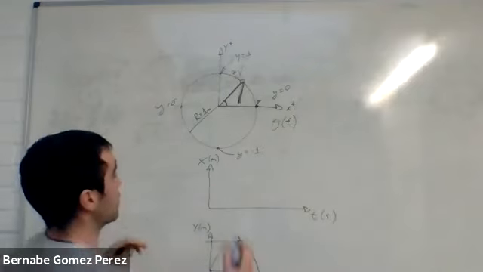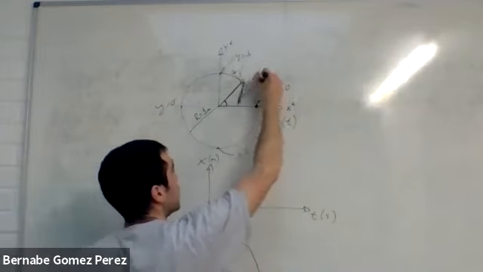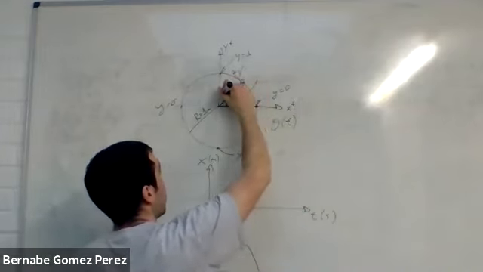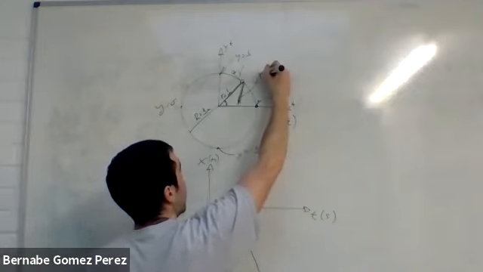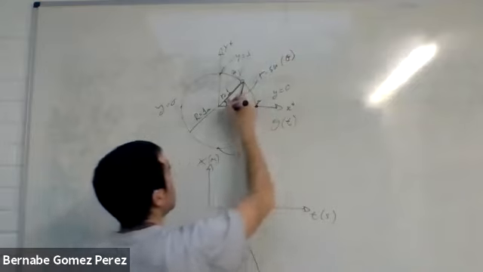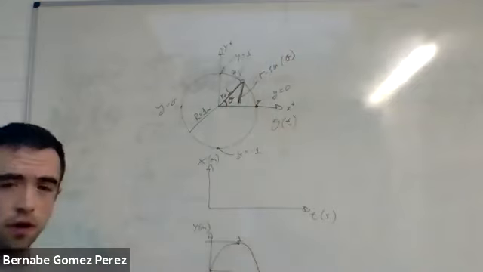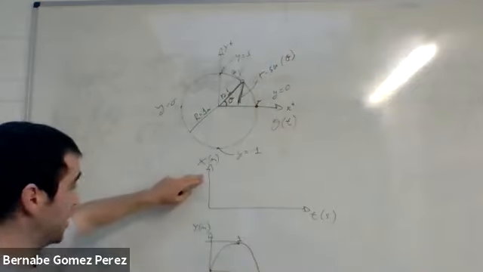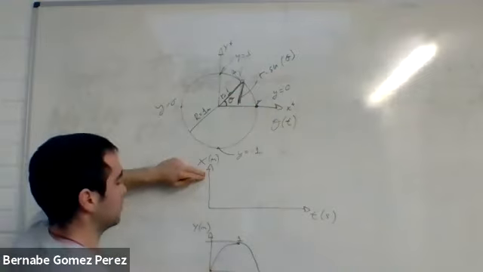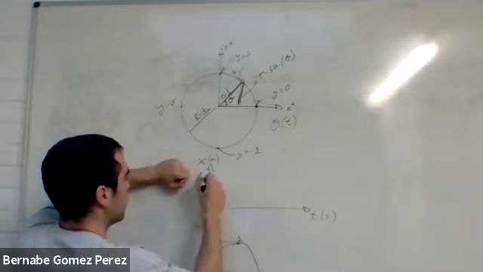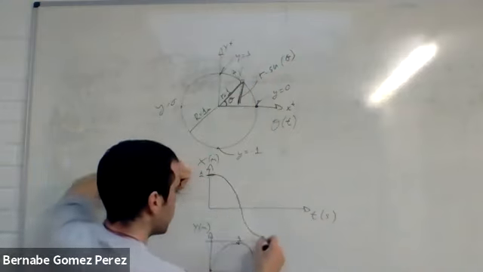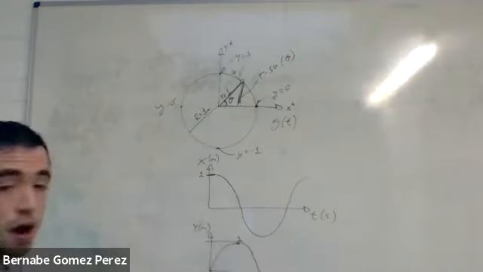Here we have 0, so this is going to be r multiplying sine of theta, with r equal to 1, and this is going to be theta. As you can imagine, x is going to be related to the cosine. It's going to start at 1, go down to 0, and go back to 1.